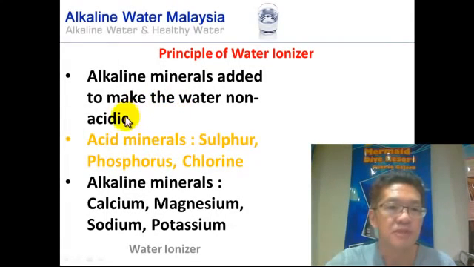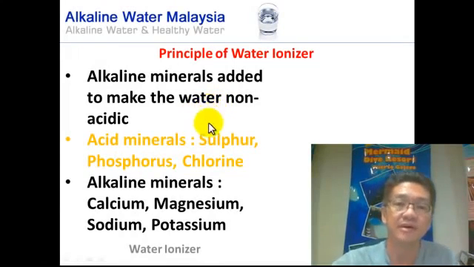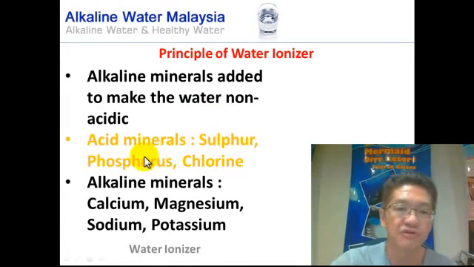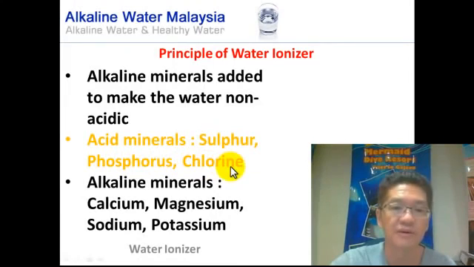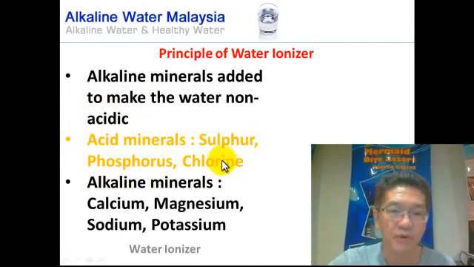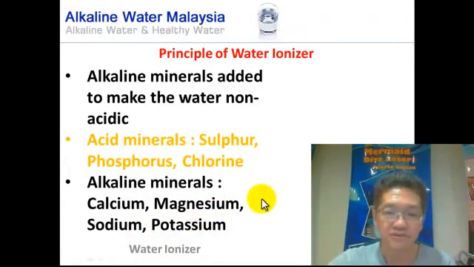Now, the acid minerals normally contained in our tap water are sulfur, phosphorus, and chlorine. Sometimes the chlorine is so strong that you can even smell it in our tap water. The alkaline minerals would be things like calcium, magnesium, sodium, and potassium.